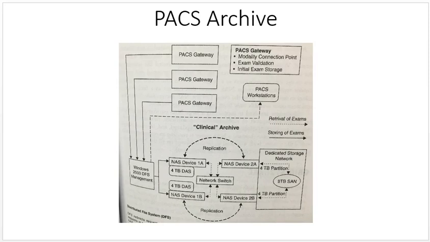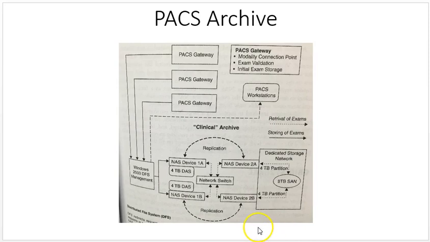So in this person's configuration, you have the DICOM servers going through the IMS first, and then into this crazy archive situation. Here you see NAS node 1, A and B, with 4 terabytes of direct attached storage.